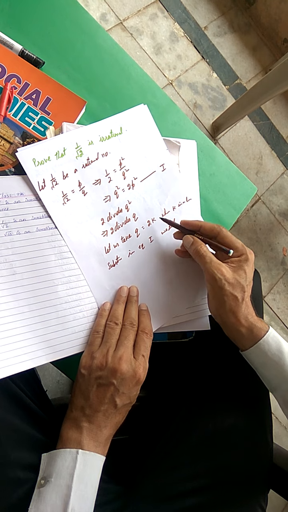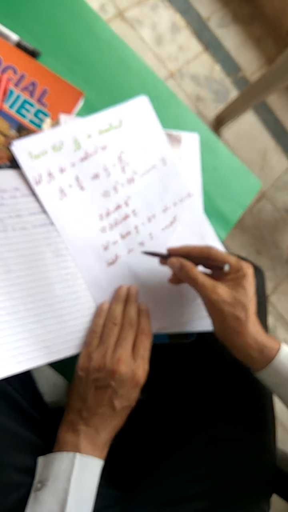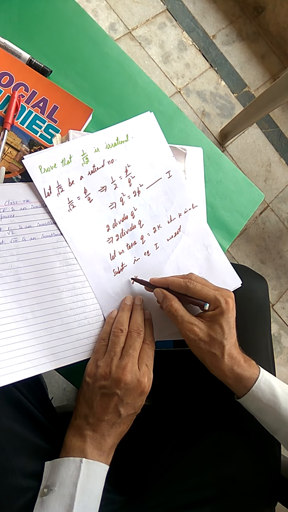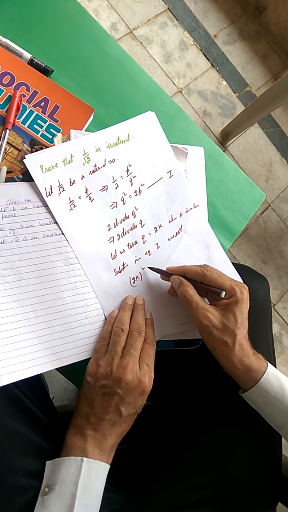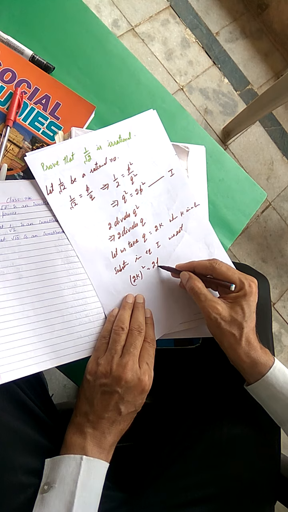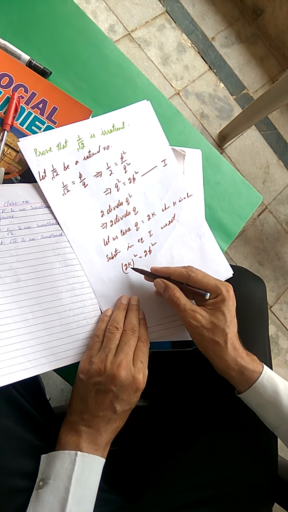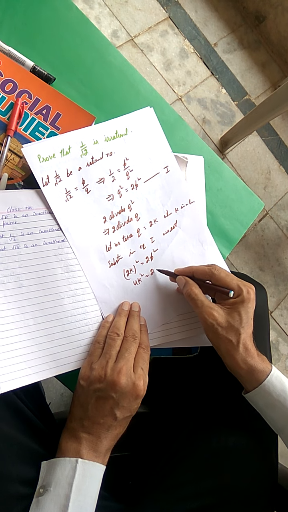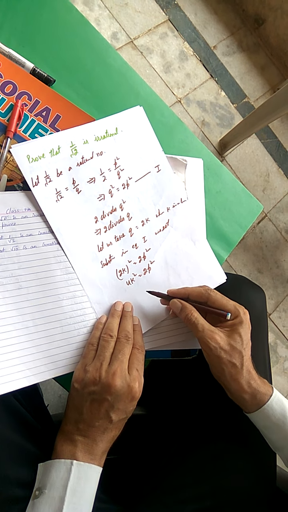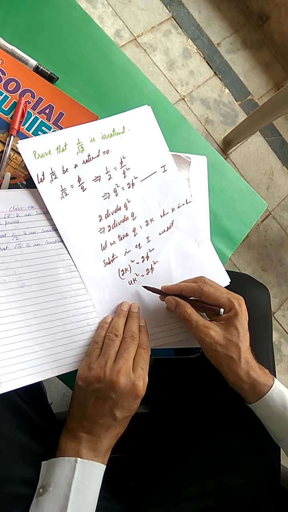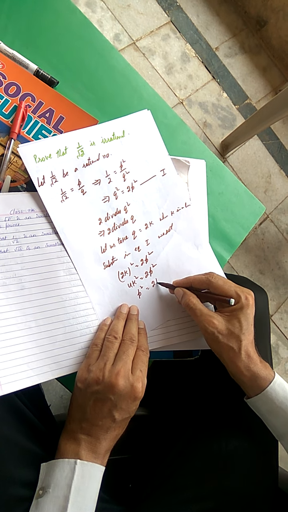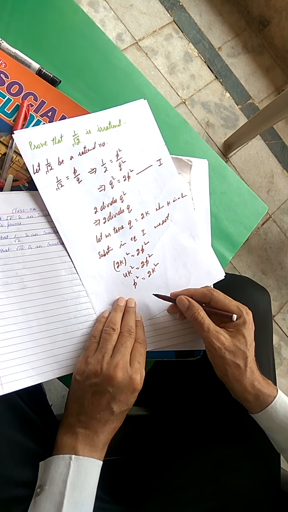We get, put this instead of q, you get 2k whole square is equal to 2p square. This means 4k square is equal to 2p square, or you may say this comes this side, p square is equal to 2k square.